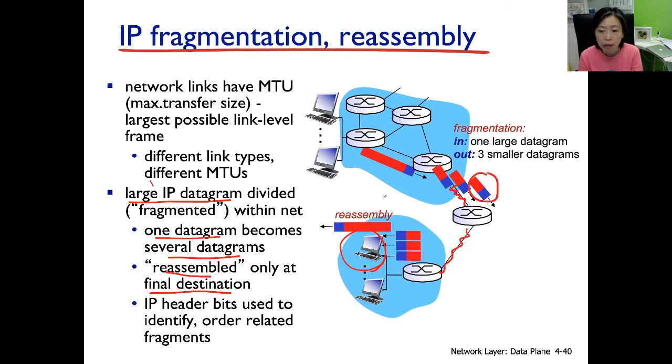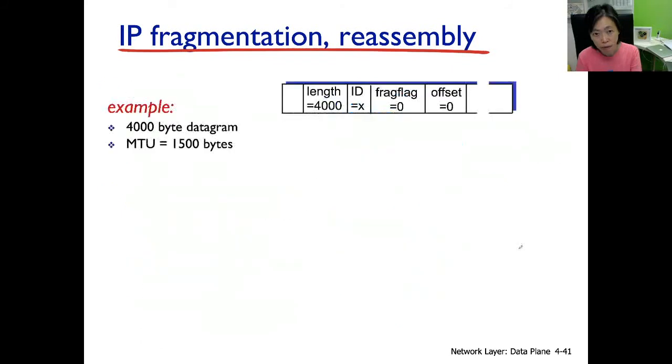Now the breaking of the original datagram into multiple parts, and the reassembly of the multiple parts back to the original datagram, rely on those three IP header fields. Let's go over an example to showcase the three header fields: ID, fragmentation flag, and offset.